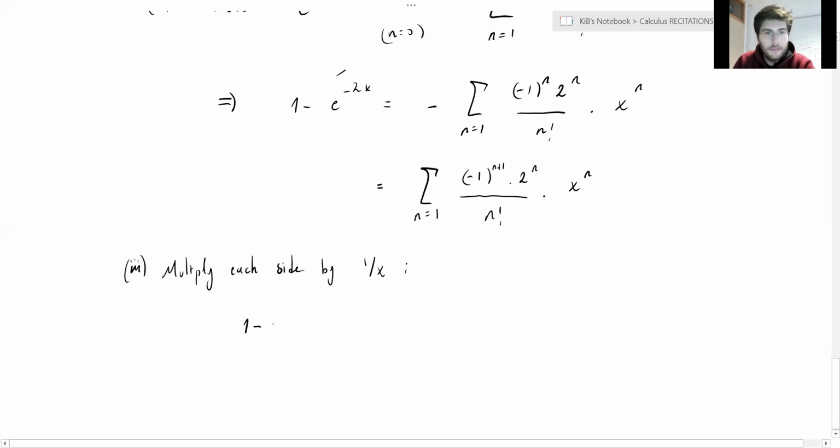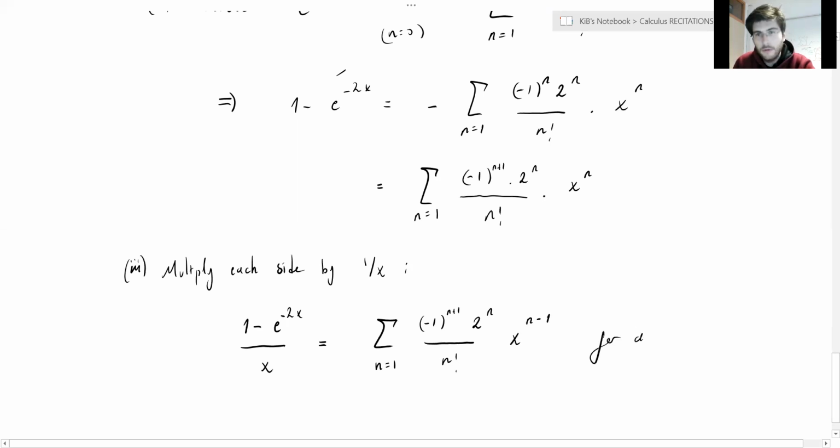And therefore, 1 minus e to the minus 2x divided by x is the sum, n from 1, of minus 1 to the n plus 1, 2 to the n, divided by n factorial, x to the n minus 1. As before, for all x. Maybe we should mention not 0.